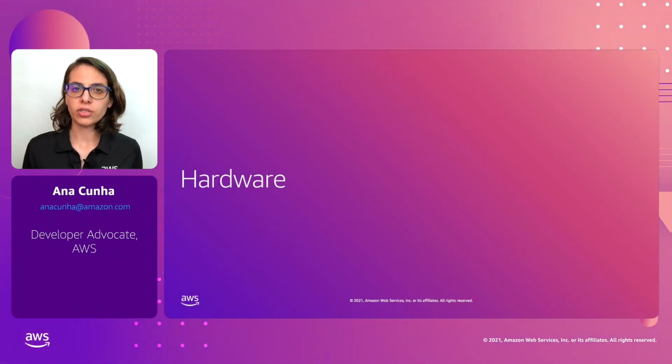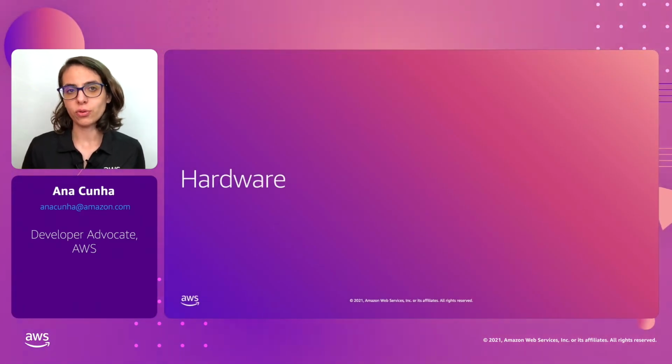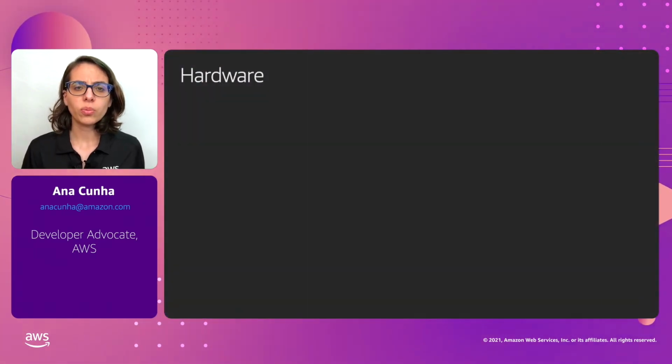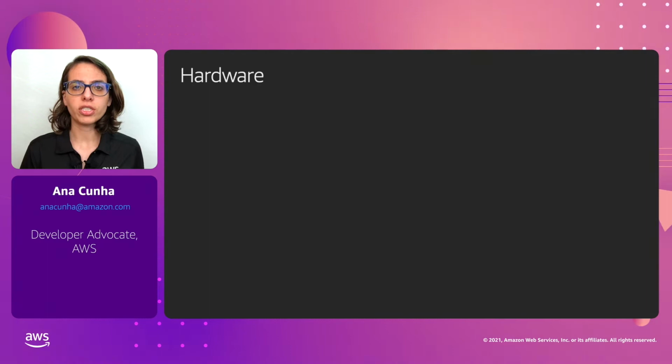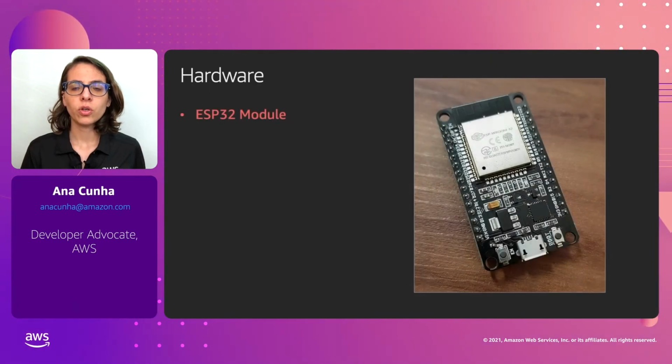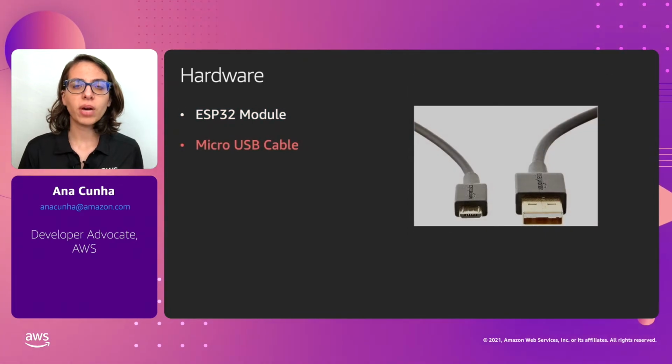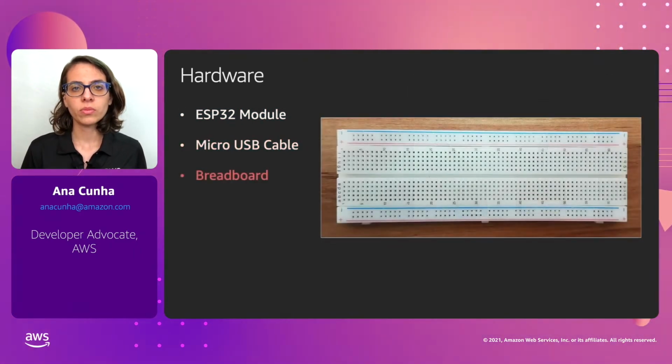So what about the hardware required for this module? We're building on the previous module, but we're also going to require some additional hardware. We'll keep using the ESP32 board and the micro USB cable to connect it to our computer. We're going to need a breadboard, also known as a protoboard.